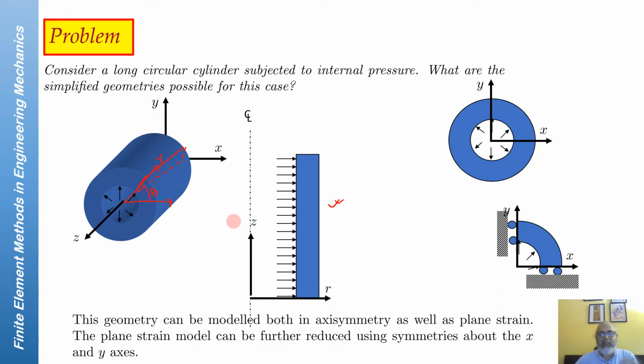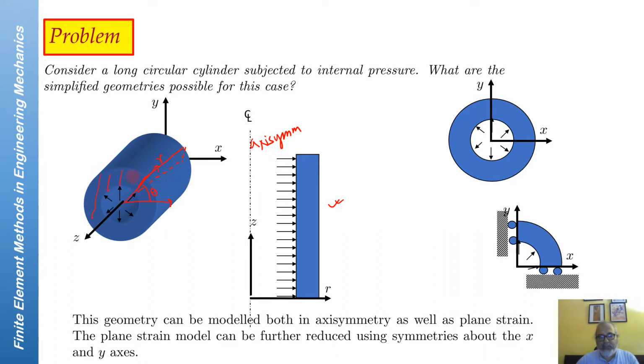So it looks like a plane strain or plane stress situation in the 2D plane. It is the zr plane, you have to remember that. In the zr plane, this pressure would now act from the left, and this is the axisymmetric version of this problem. We can also analyze a plane parallel to the xy plane.